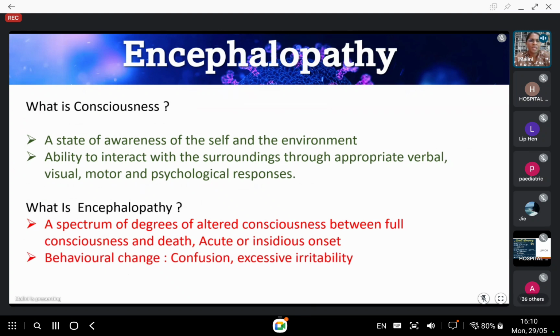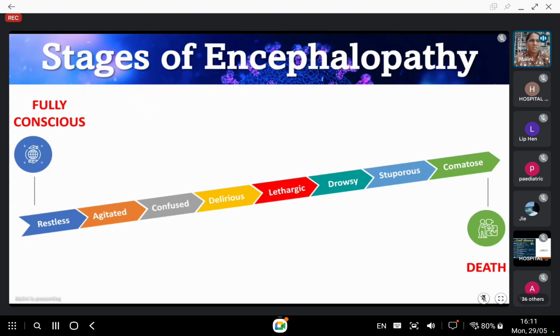It can involve behavioral change, confusion, and excessive irritability, and can lead to lethargy, coma, and death. This is the spectrum of encephalopathy, from as mild as restlessness and agitation to as severe as comatose.